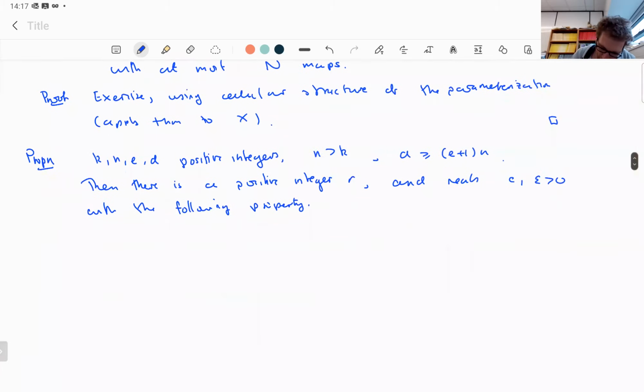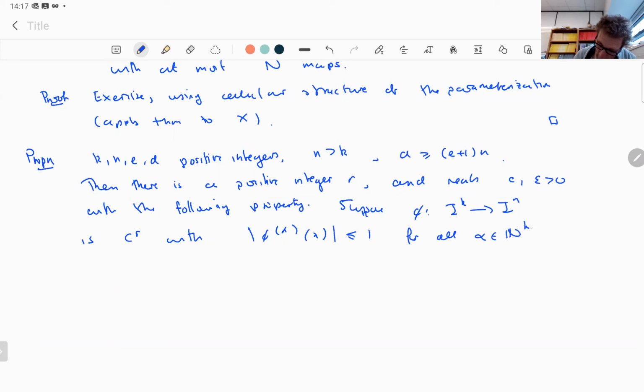So let me write out that property. Suppose phi maps the unit cube in k space to I to the n, is C^r with the absolute value of the derivative phi alpha of x less than 1 for all alpha in N^k of order at most r and all x.